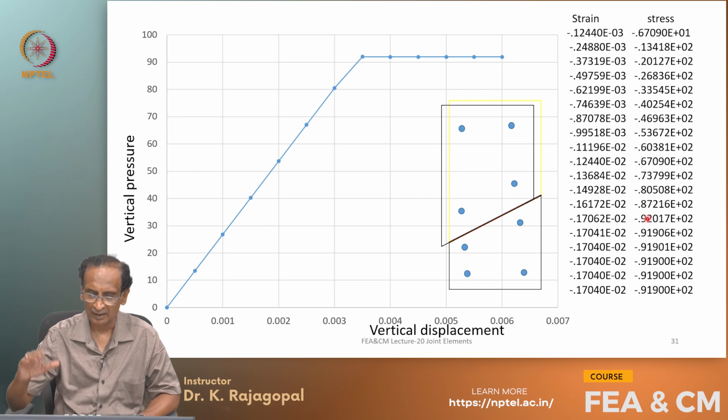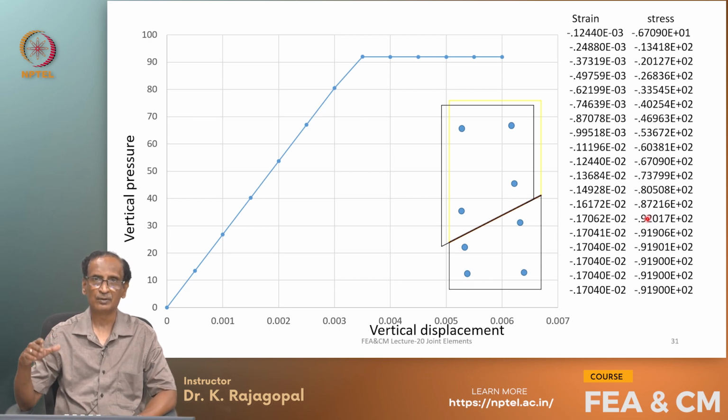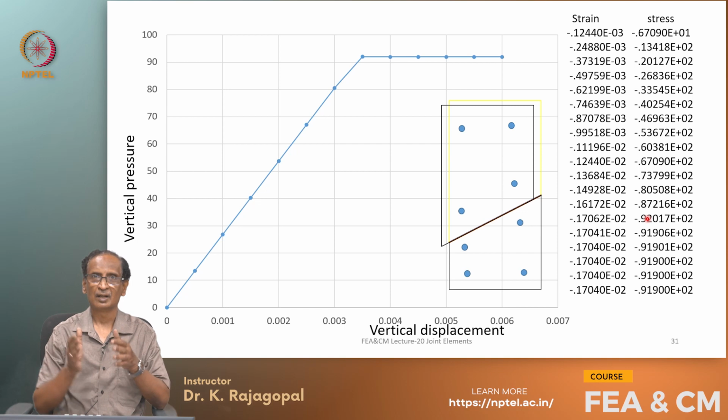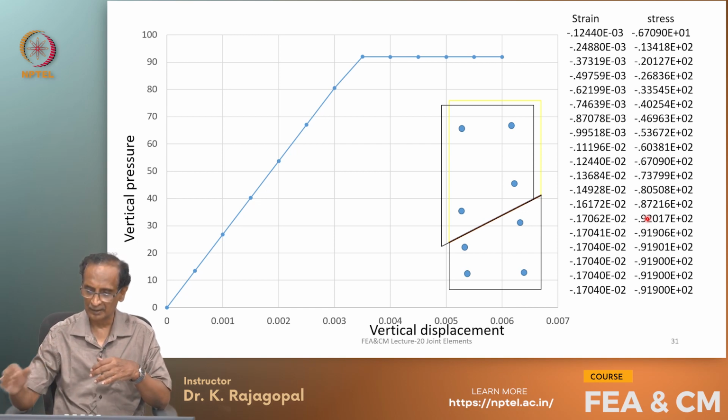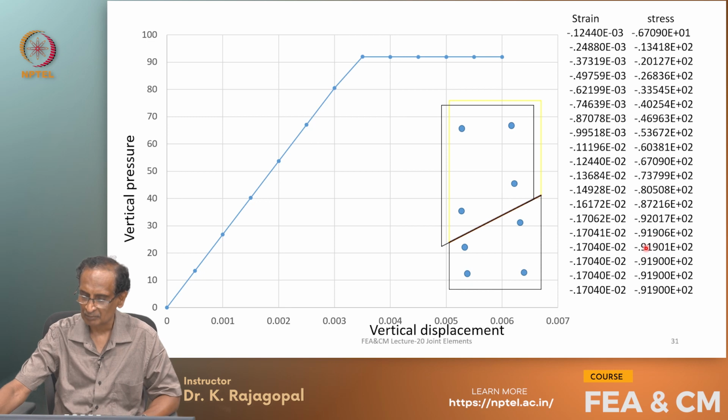Initially a slight increase has happened because only after the stresses are calculated, we check for the yield limit and then correct. So our maximum stress is 91.906, and you see here, until this limit your vertical stress is increasing, and even your vertical strain is increasing.